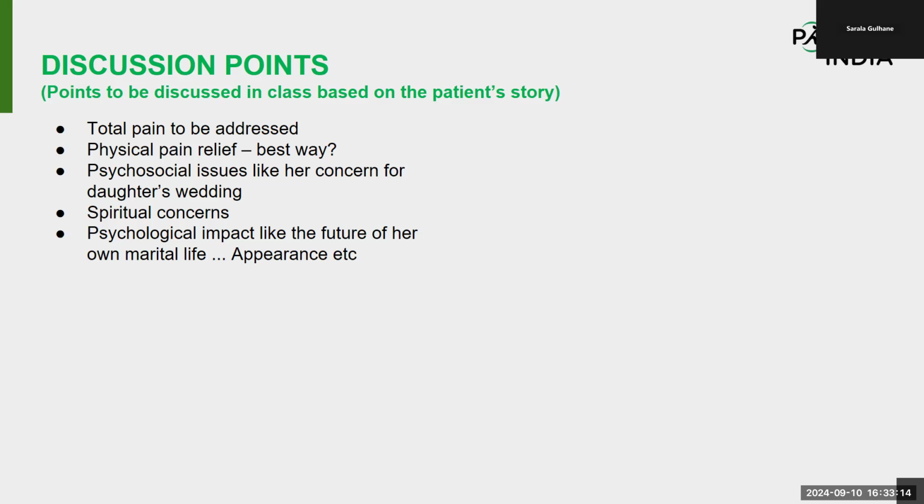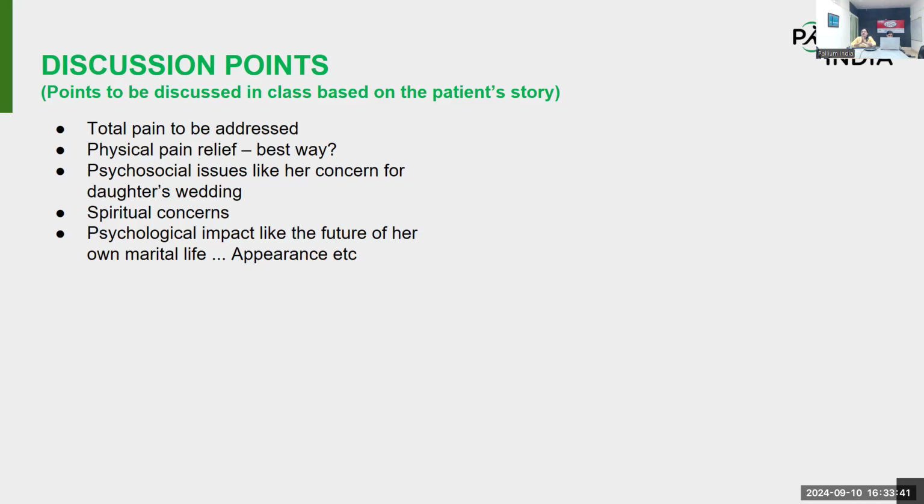How many days can we give the morphine? The only indication is, as long as the patient has pain, you can continue this medication. Only monitor the toxicity. If the patient develops myoclonus, jerky movements, or delirium, then only you need to reduce the dose.